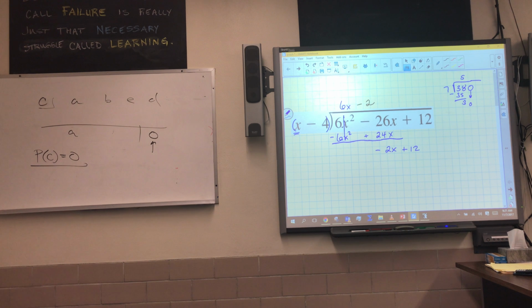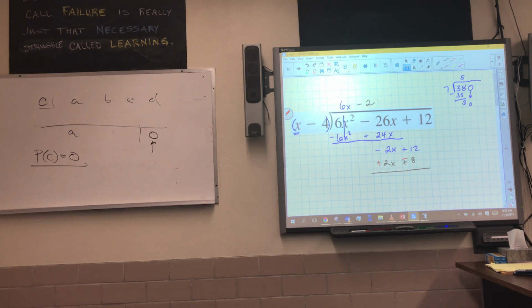And now I go through the next step of the algorithm, which says multiply that negative 2 by your divisor. So what's negative 2 times x? Negative 2x. And then negative 2 times negative 4 gives me positive 8. Okay. Now, I like to add the opposite, so I'm going to go through and change all the signs.